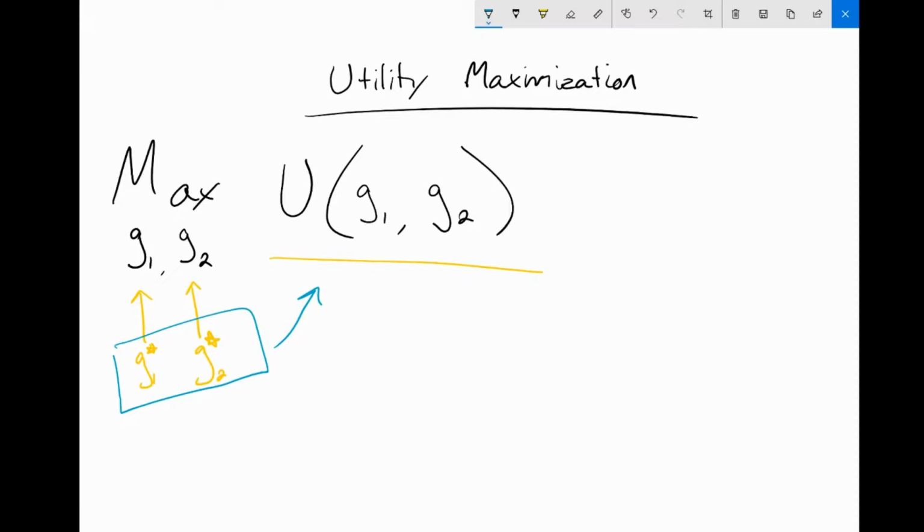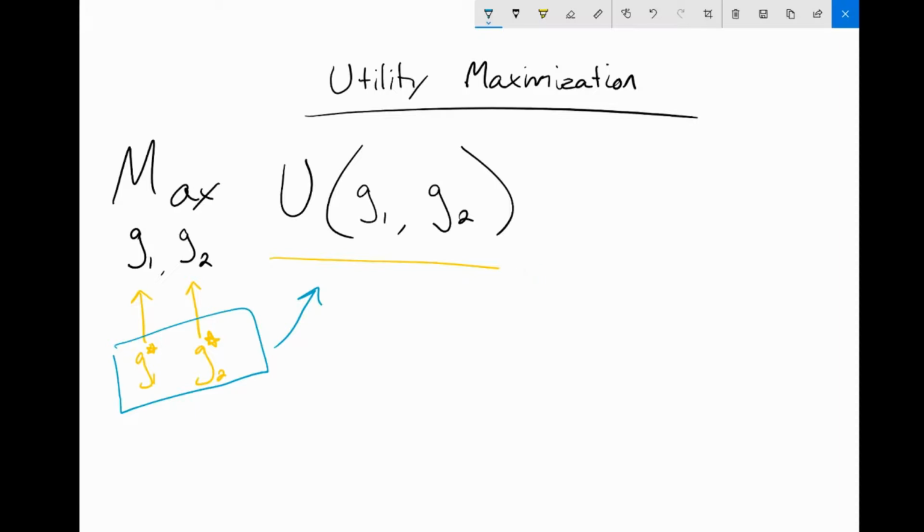That means give them the most utility that they can possibly achieve in the context of constraints, or subject to some constraint. All right, so that's what we want to do. We want to set that up. We want to look at how we find the value of the goods, these inputs, that will give us the maximum amount of utility. All right, so that's what we're going to look at.